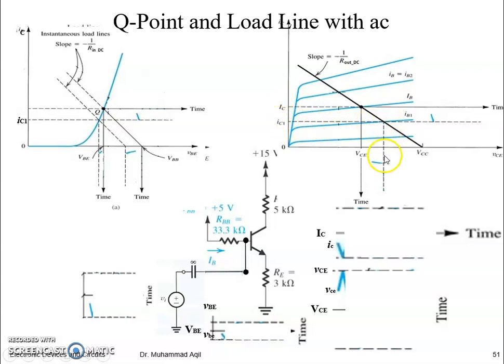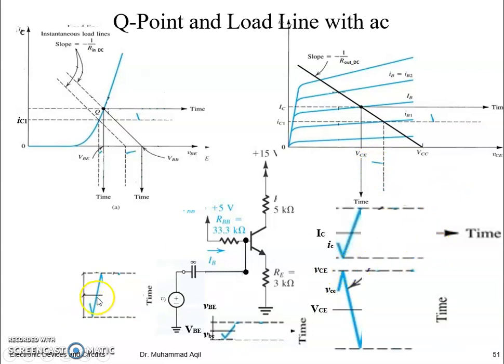So you get an increase in VCE. VCE was here, but now it is increased. So total VCE at that moment when you have a negative AC input phase, you are having a positive VCE.